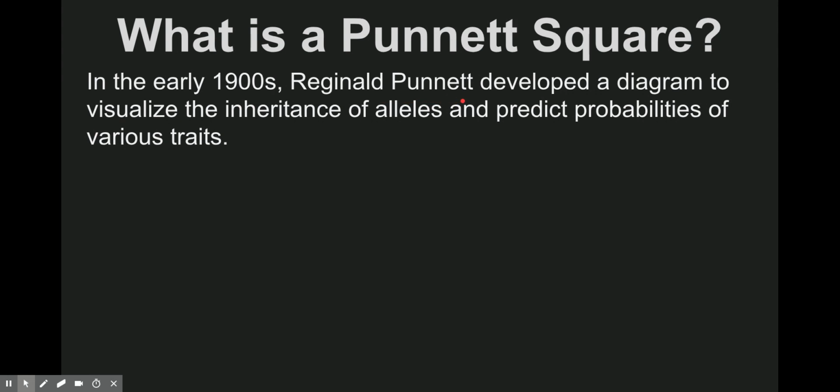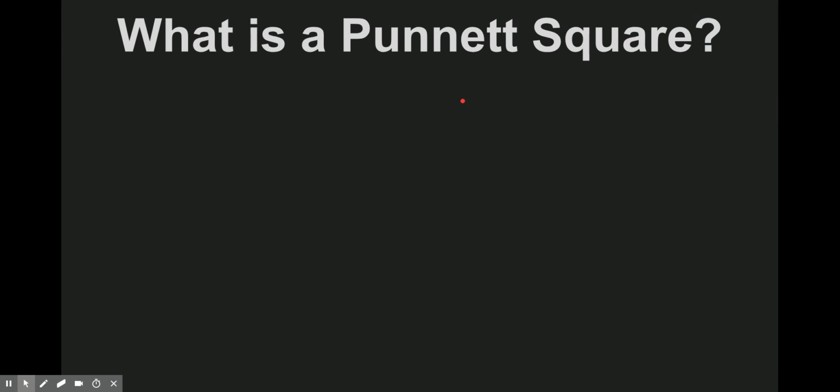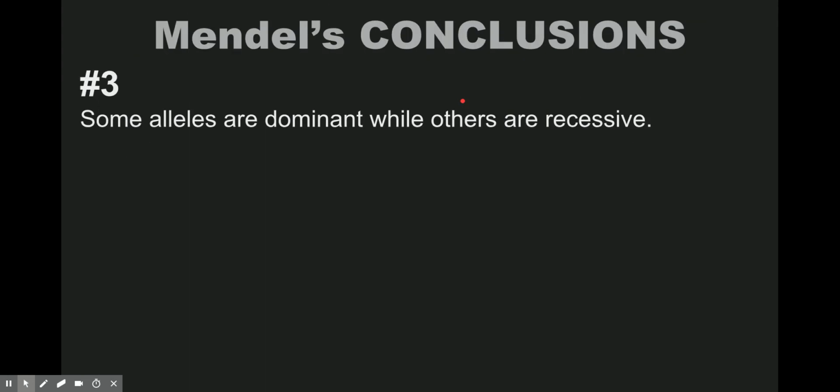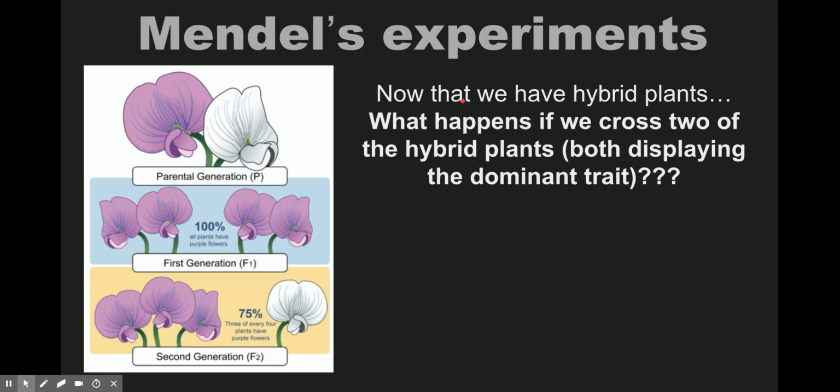Real quick, I'm going to skip way backwards in the slideshow here, so bear with me. Reginald Punnett was a statistician, and he was asked to explain why this white flower pops back up after 2 generations. It kind of makes sense that if you have parents of 2 different colors, maybe all of your children would only be one of those 2 colors.